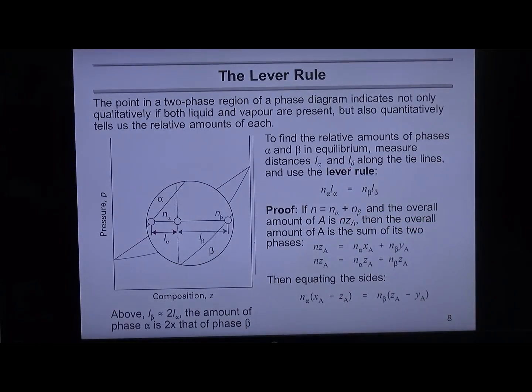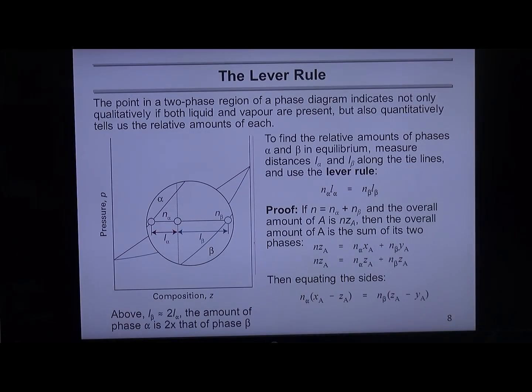For the tie line, the horizontal line, if you recall, liquid and vapor are in equilibrium, they coexist. Then, can you have information about how much liquid is present and also how much vapor is present? Their relative ratio. Can you know? The answer is yes, using the lever rule. The lever rule is very simple.